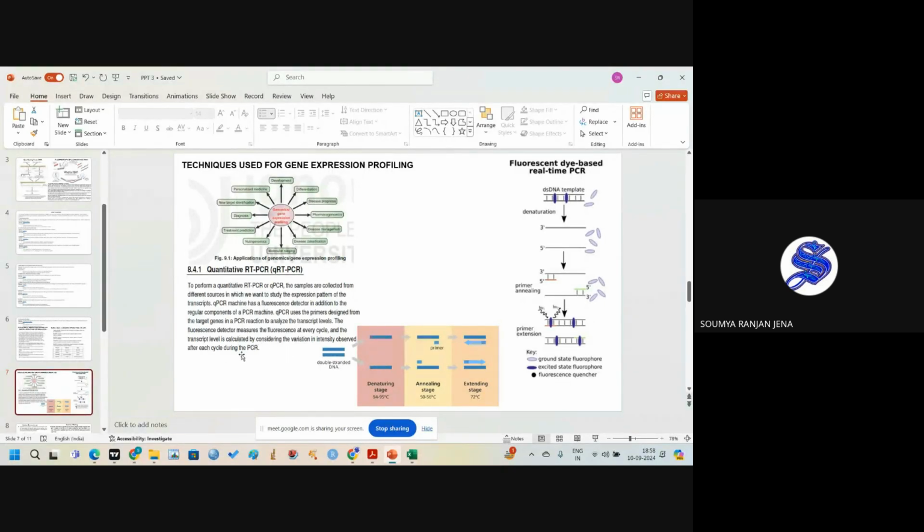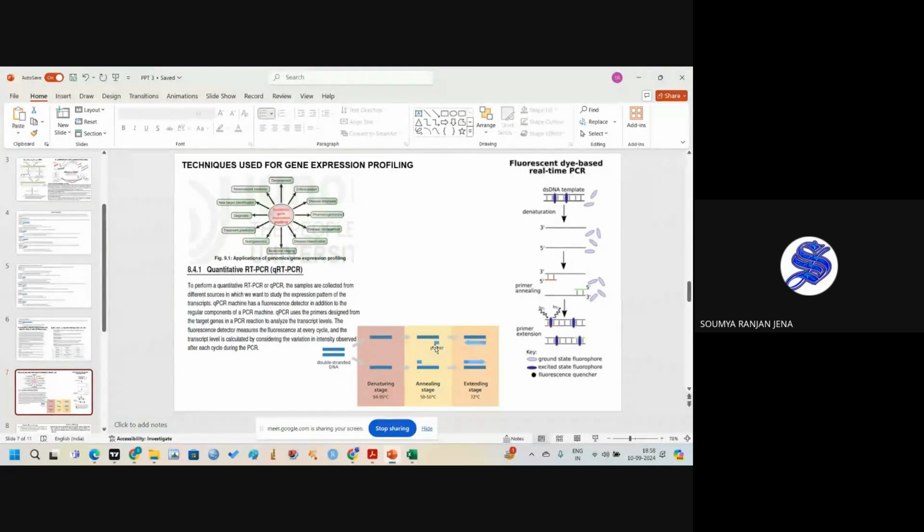How do we do the PCR? The steps of the PCR: first we isolate the double-stranded DNA from a cell or tissue. Then we denature the double-stranded DNA using heat at 95 degrees Celsius.